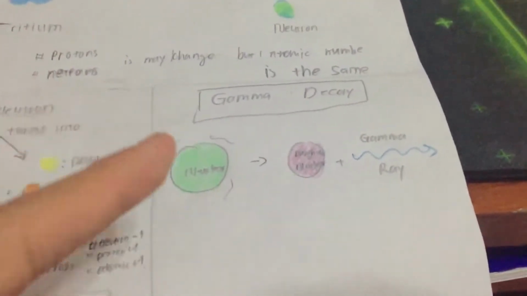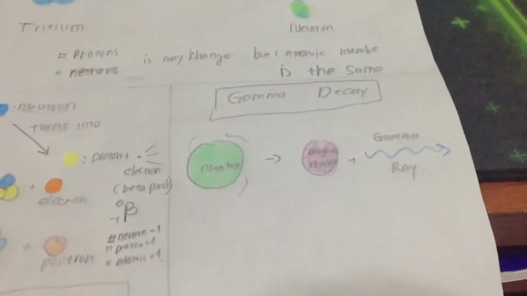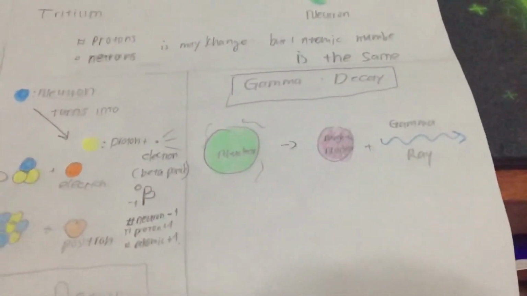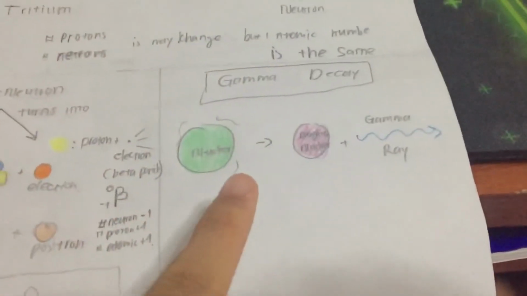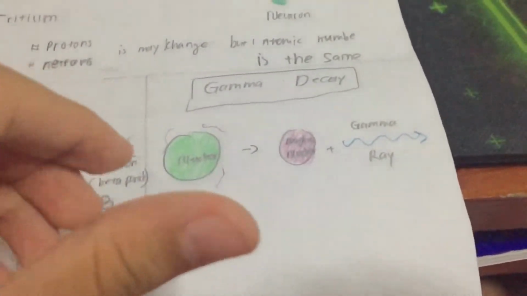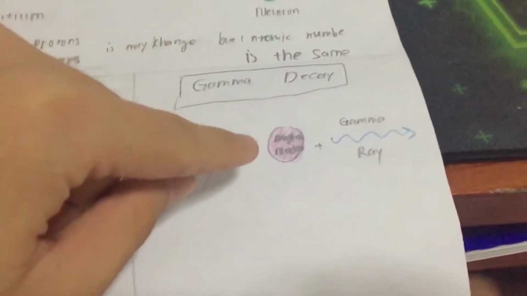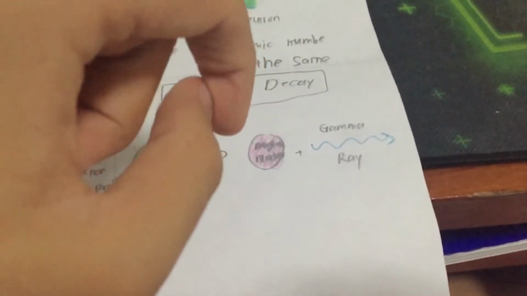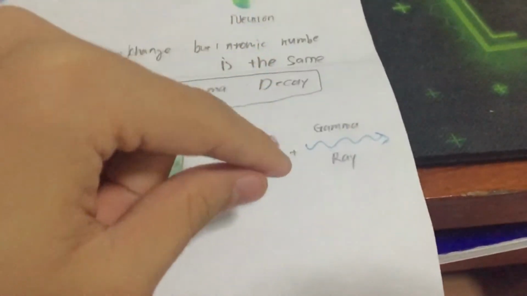The energy is taken from the previous decays that have already happened, so it turns the nucleus into the daughter nucleus and emits some gamma rays.